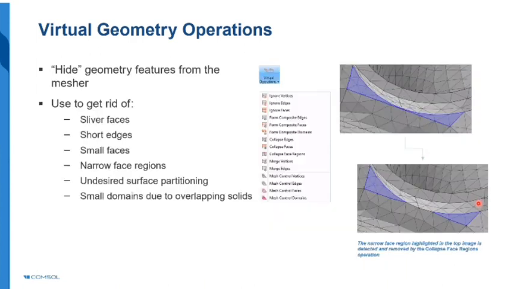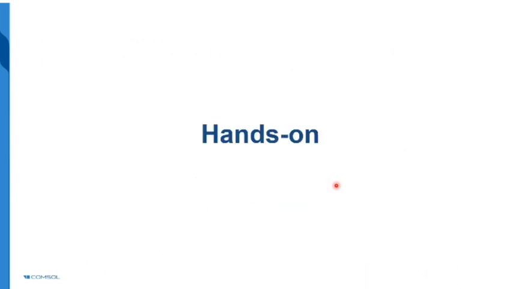So essentially it hides the geometry features from the mesher, and it can be used to get rid of various small details from the imported CAD, like sliver faces, short edges, small faces, etc. All these various options are available under the virtual geometry operations as well.